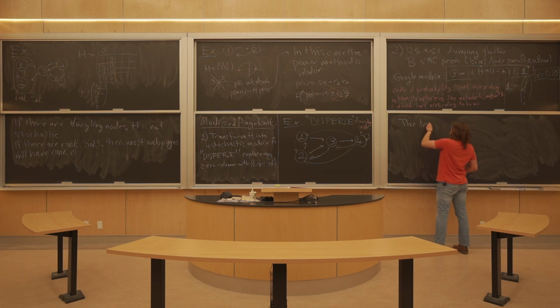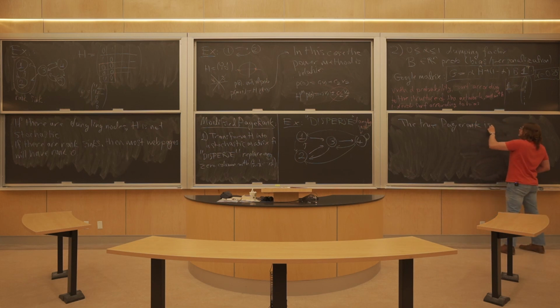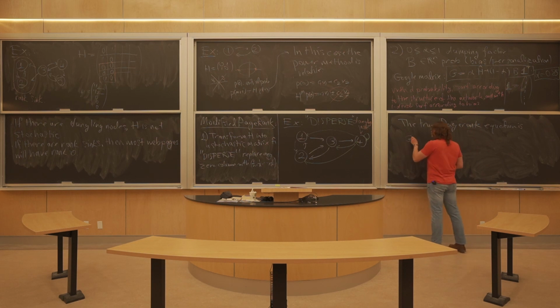The true definition equation is GP equals P, where P is a probability vector.